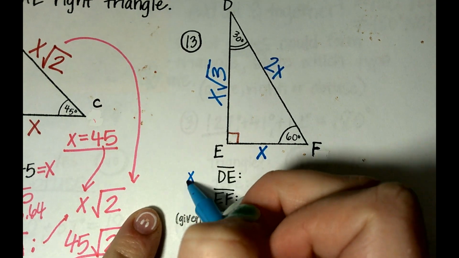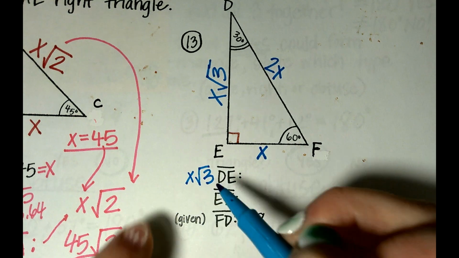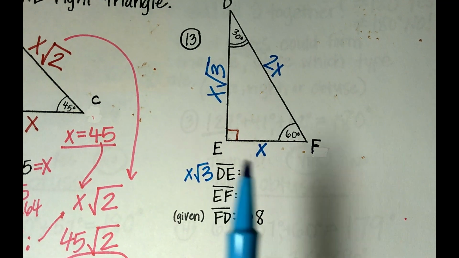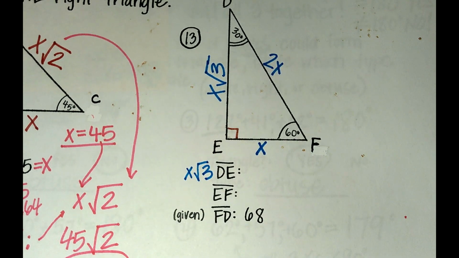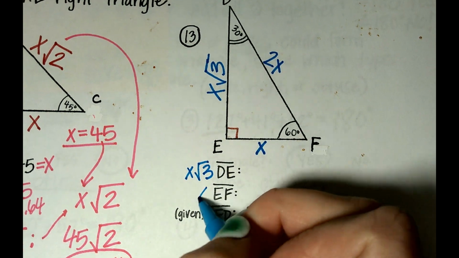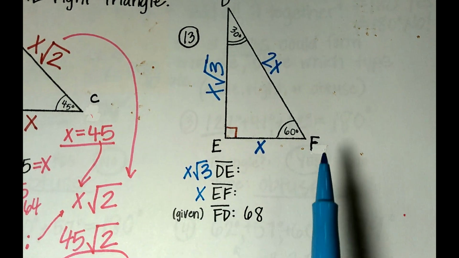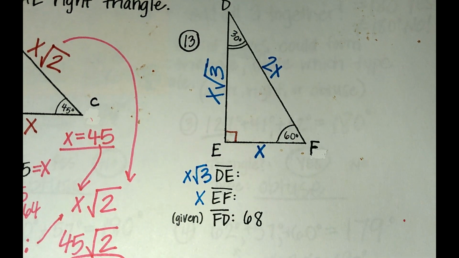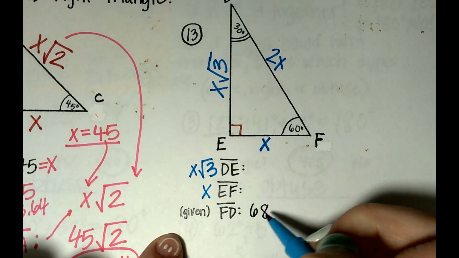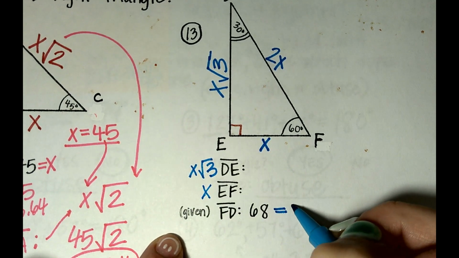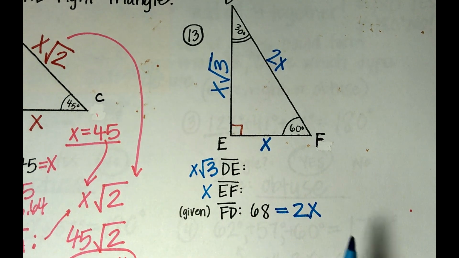DE is x radical 3. From E to F, what is that? X. Good. And from F to D, what is that? 2x. Because they're not 45s. Yeah, now it's different. Now it's a 30, 60, 90.